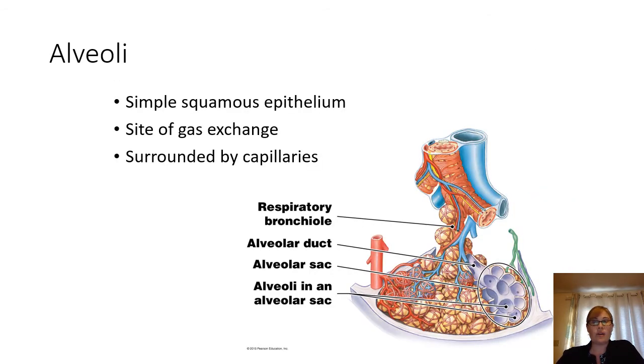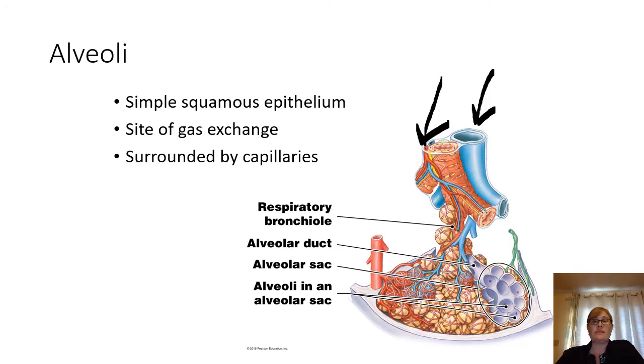So here's a little diagram of our alveoli. You're looking at your arteries and veins, so pulmonary arteries and veins eventually bringing blood flow to and from the alveolar structure.